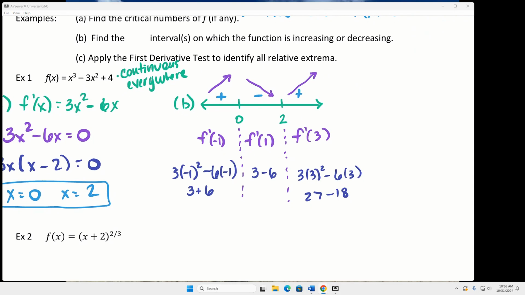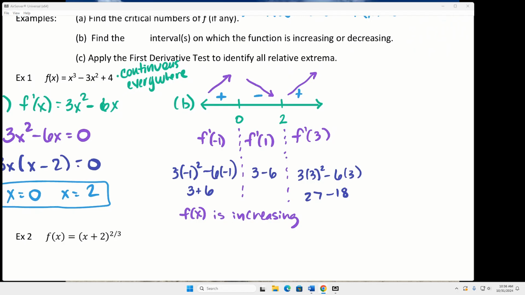Okay, and so to answer this question, we would say f of x is increasing. Now this is where things might get a little confusing for you. From what you learned maybe in Algebra 2, if these critical numbers, if the function is continuous there, we include them in these intervals. You're not going to ever include infinity, obviously, or negative infinity.